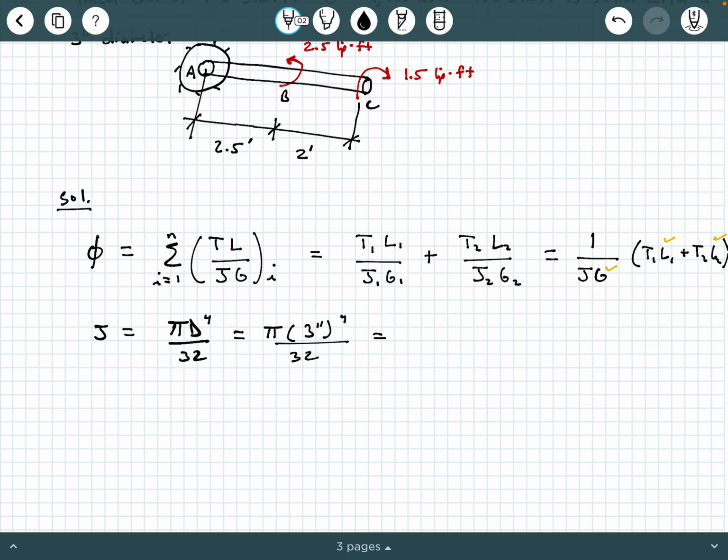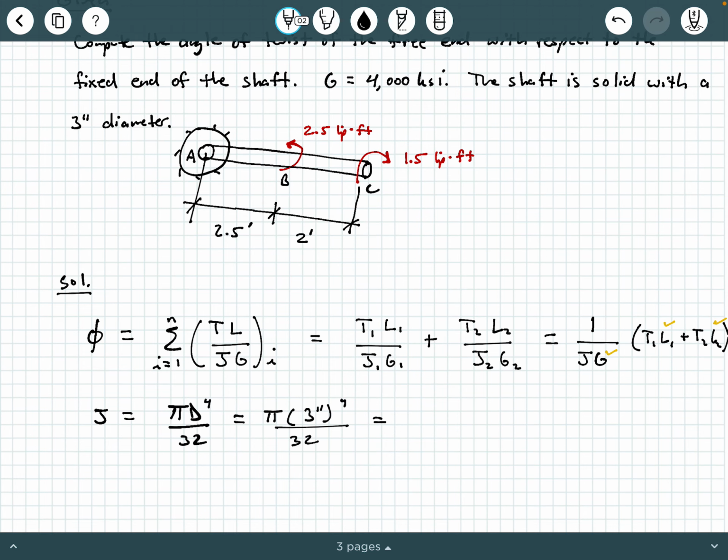Then we can just punch this into our handy calculators. 3 raised to the 4th power is, of course, 81, times pi over 32. And I end up getting 7.952 inches to the 4th. And there are my units there: inches to the 4th, or length to the 4th.